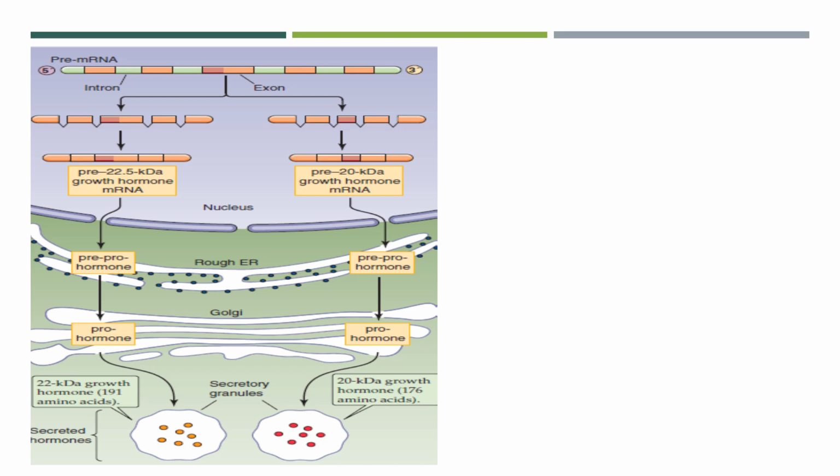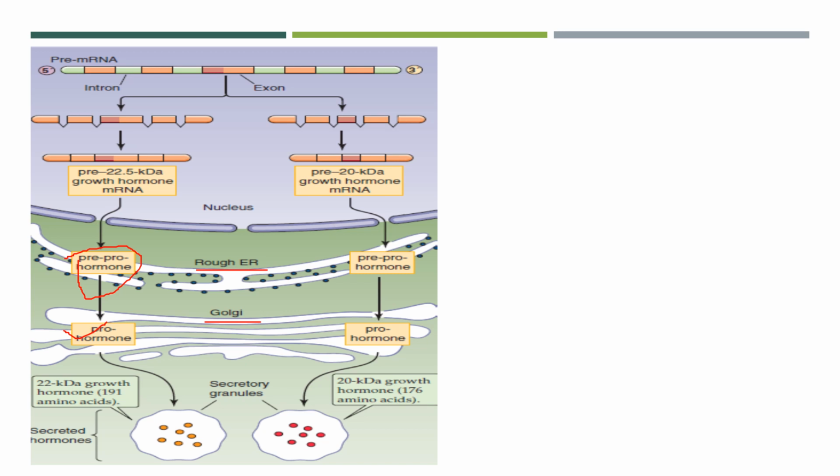Now, how is it synthesized? Like all peptide hormones, this growth hormone is synthesized in the pre-pro form. We can see that it is synthesized as the pre-pro hormone at the rough endoplasmic reticulum. After cleavage, it will form the pro hormone at the Golgi apparatus.